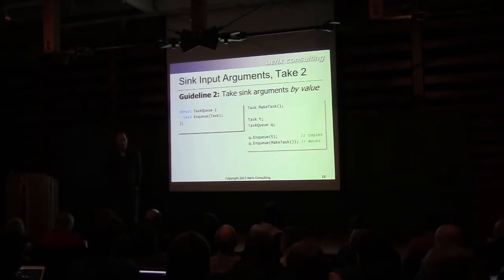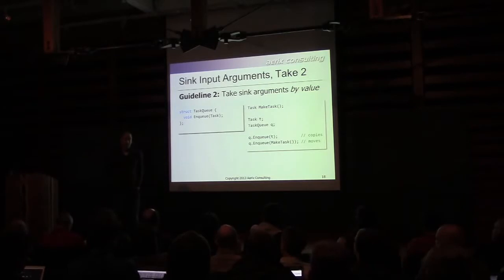And if you're using an expensive to copy type with this interface, then there are ways to get around that. You can encapsulate an expensive object by putting it on the heap and creating a wrapper and moving the wrapper in. But I encourage people to design their libraries and their classes so that types are cheap to move.